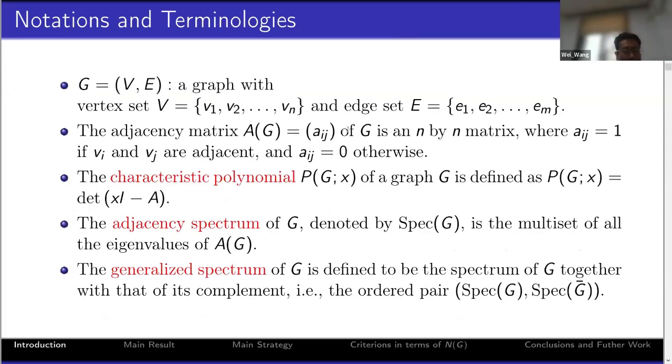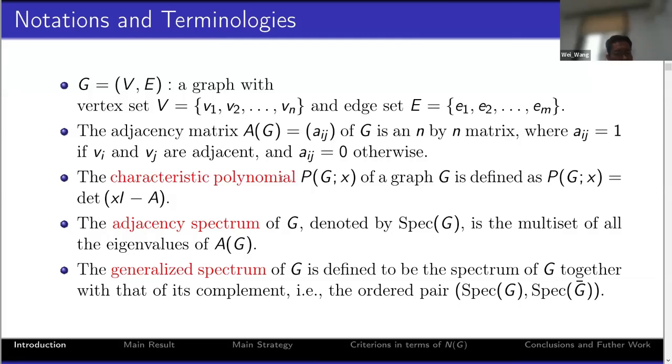So before I go into the details, I give some notations and terminology. I use G = (V, E) to denote a graph with vertex set V and edge set E. I think everybody knows the Laplacian matrix and the characteristic polynomial.